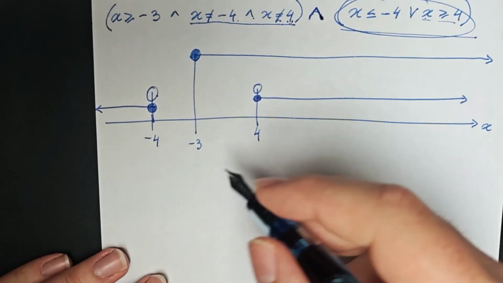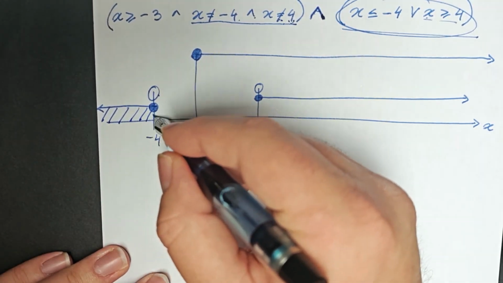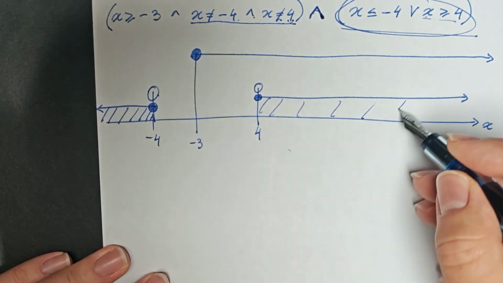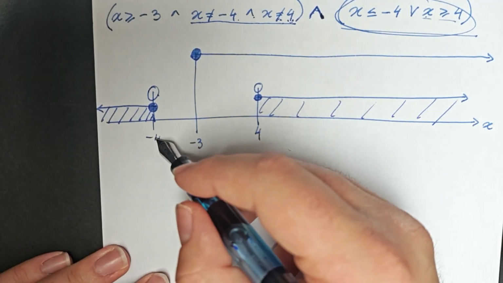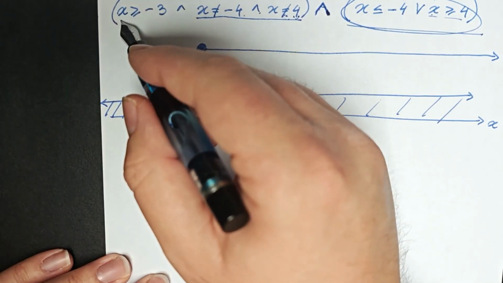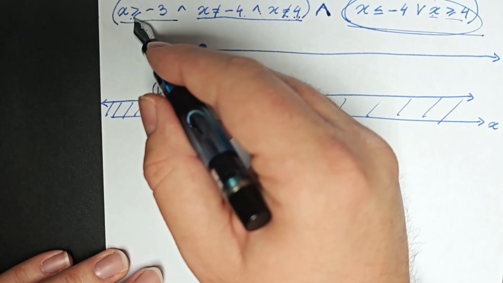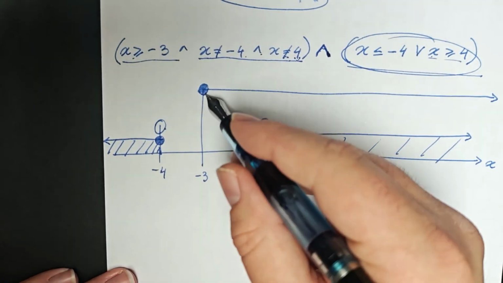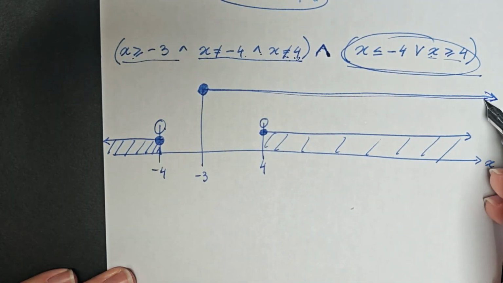So we have the sets from -infinity to -4 and from 4 to +infinity. These numbers -4 and 4 are not included. And finally, we have an intersection with x which is larger or equal to -3. This set right here, this interval.